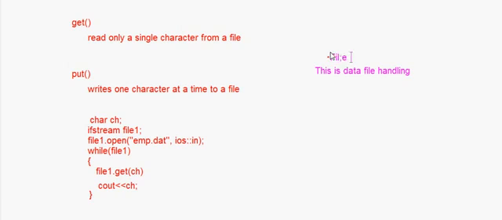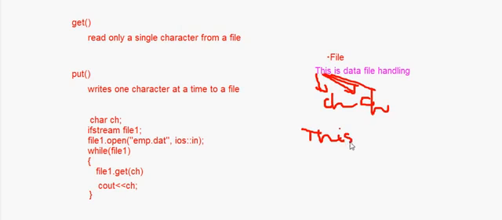Okay. Now what this will do is, first of all, it will take out this t. This t will be put inside the variable ch and that will be displayed, right? Then while not end of file, it goes to the next character. Now this is put into ch and then h comes. Then the third character, then the fourth character. Like this it will read character by character.